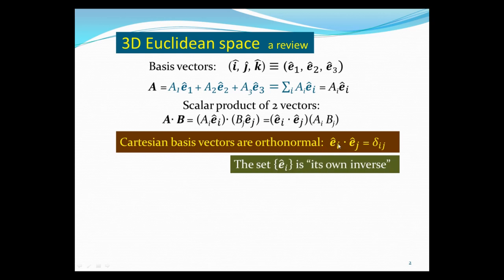We can look at this relation, e_i dot e_j equal to 1, as saying that the basis vector in Cartesian coordinates is its own inverse, because something usually times its inverse equals 1. In this case, it times itself equals 1, so we say it's its own inverse.